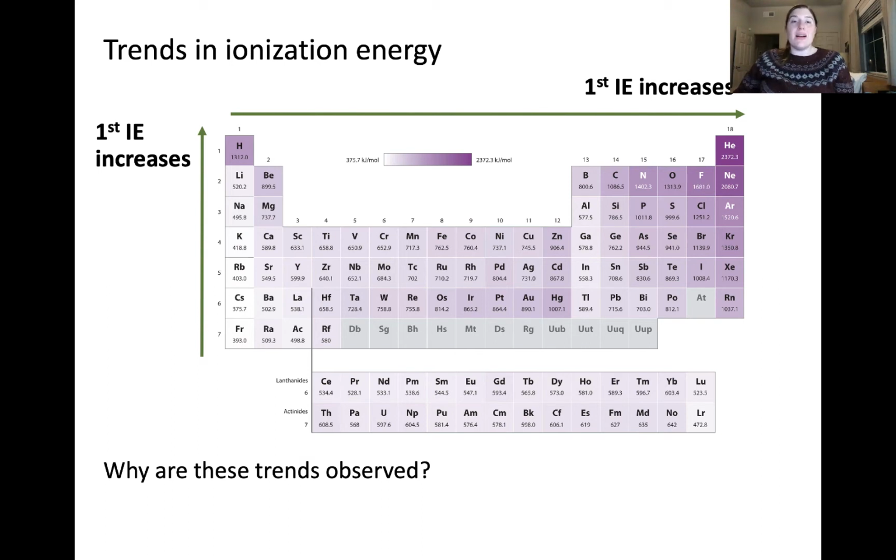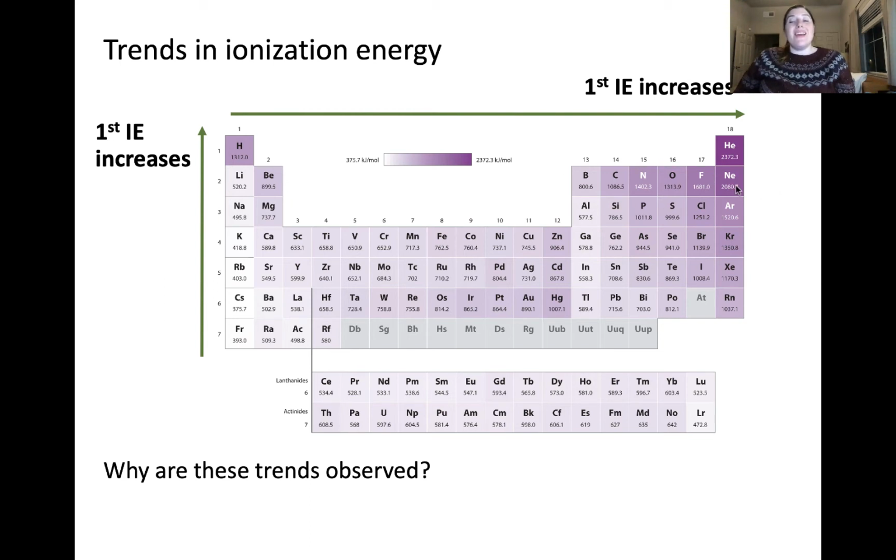And again, to summarize, the reason for this is because atoms on the right-hand side of a particular row of the periodic table have a higher effective nuclear charge. So again, for noble gases, if we were looking on an individual row basis, we observed in the data set that noble gases tended to have the greatest first ionization energy of all of the elements in that row.